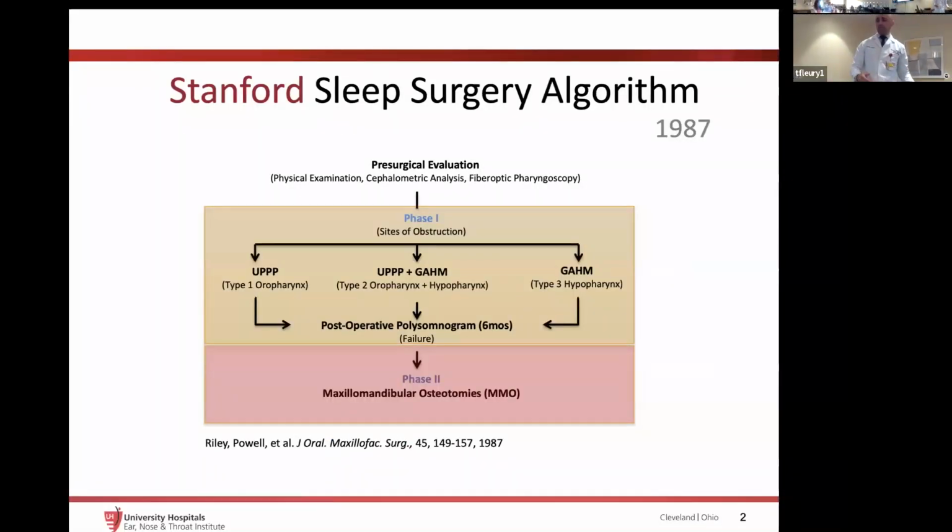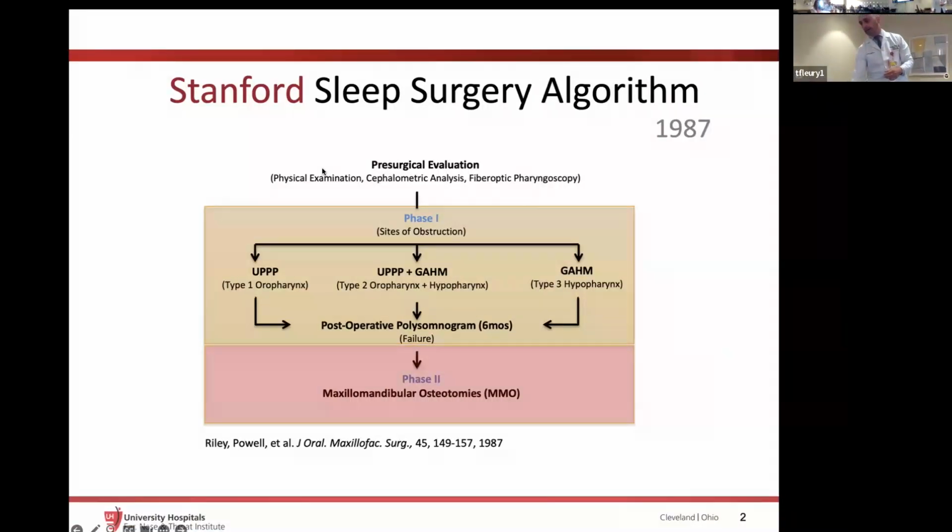So we're going to discuss why it is so important to make the correct phenotyping of patients, but this goes all the way back to the different procedures, surgeries, and approaches that have been proposed to treat sleep apnea.